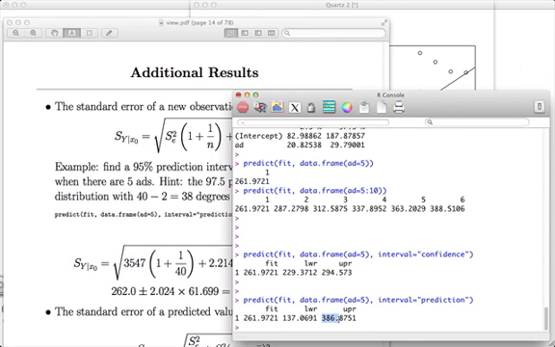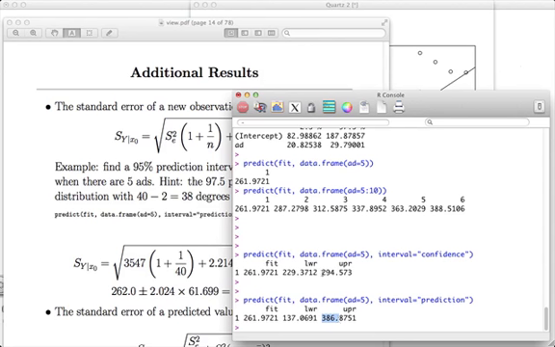So this gives me, in essence, an upper bound for what I think my sales could be. It's very rare that I would ever observe sales more than 387. So if I wanted an upper bound for how much product I'd need, I could use that.